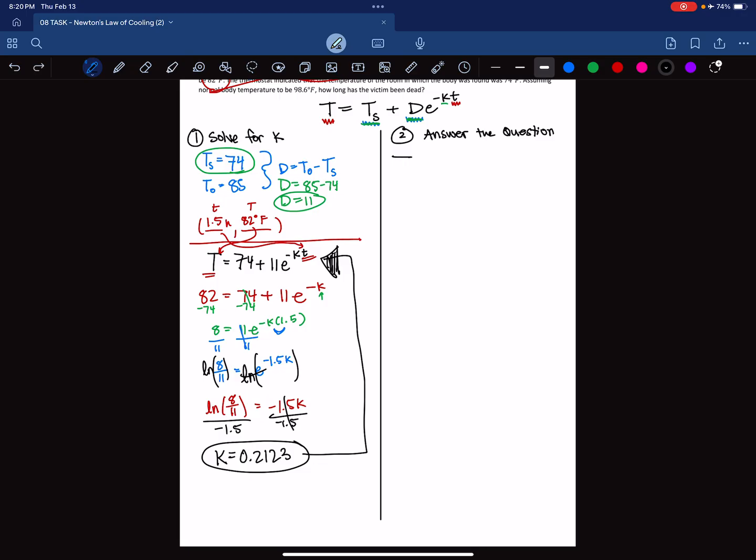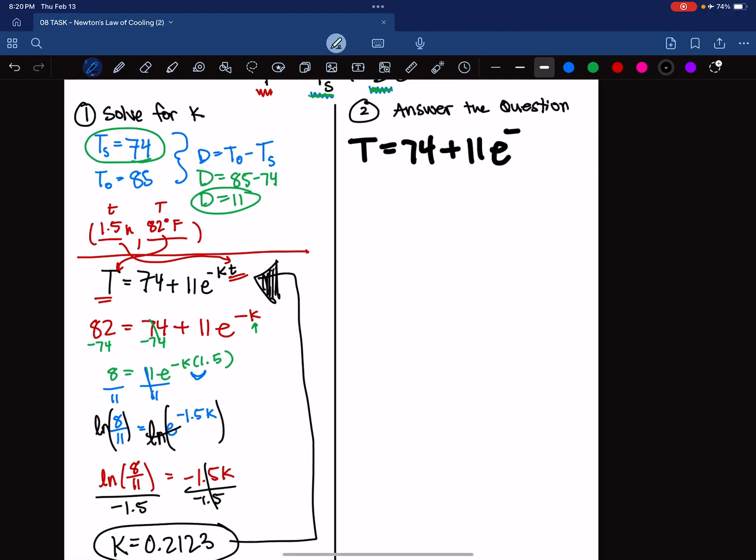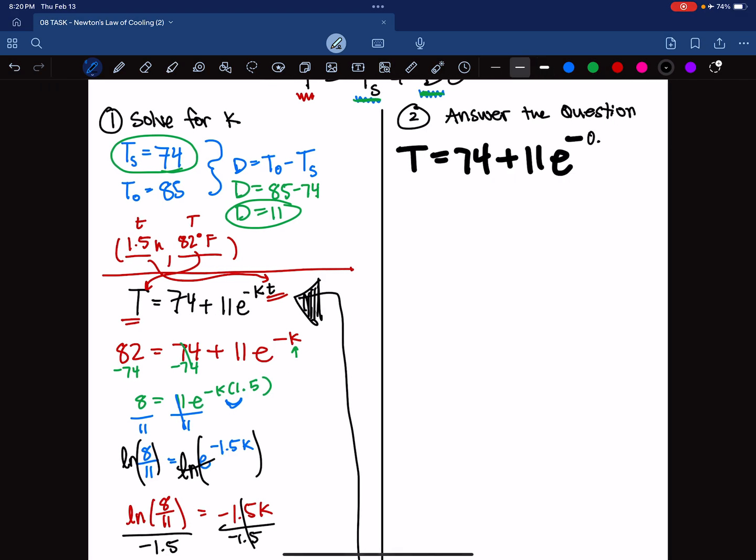Temperature is surrounding temp 74 plus 11e to the negative 0.2123 t. All right.